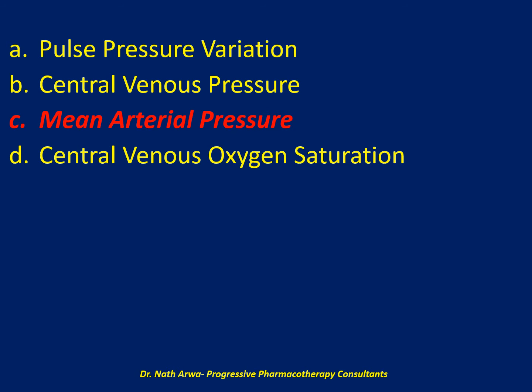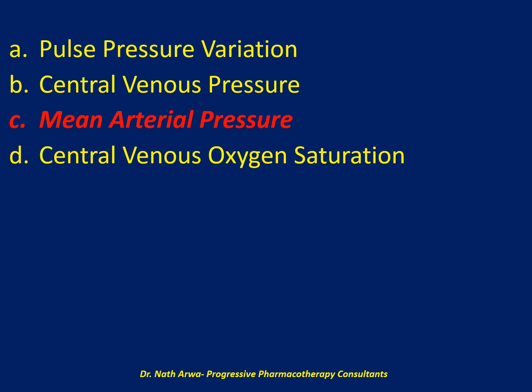Now early goal-directed therapy used a series of goals including central venous pressure and central venous oxygen saturation, abbreviated as ScvO2, and this approach has now been challenged following the failure to show a mortality reduction in 3 subsequent large multi-center randomized clinical trials.